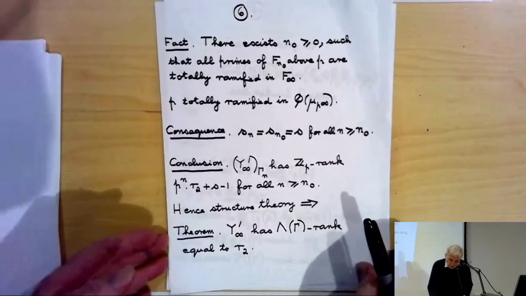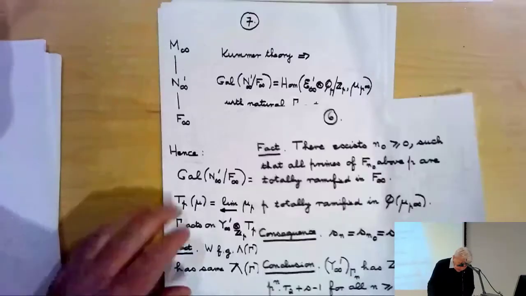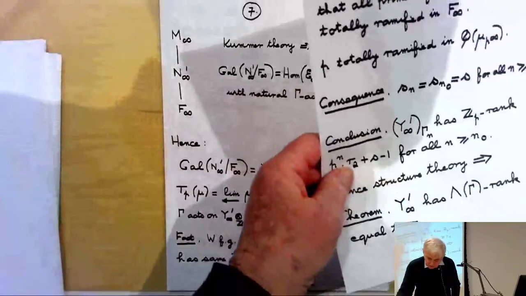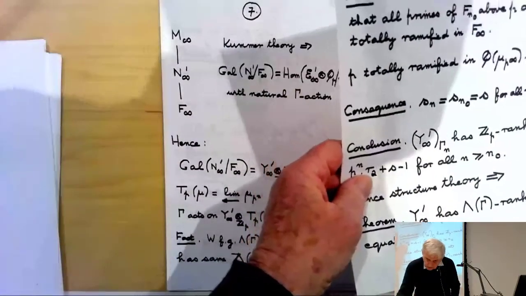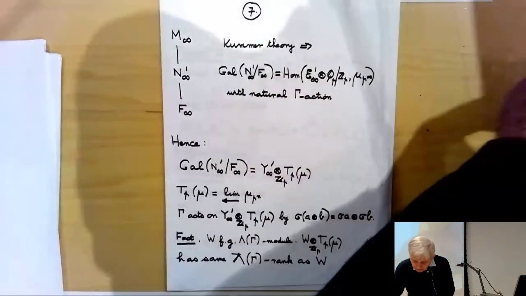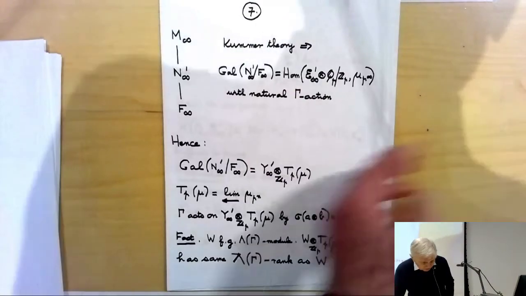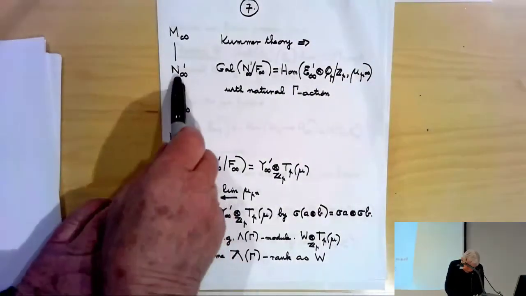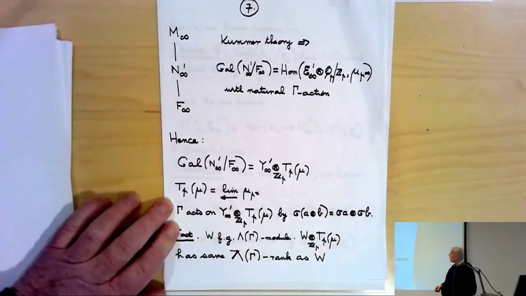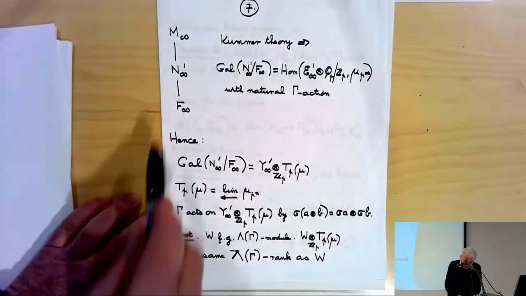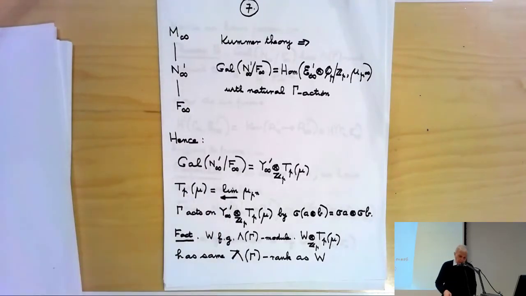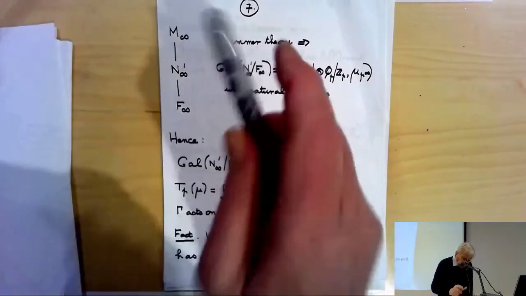Now, this is not quite the theorem that we want, so let's go back to Kummer theory. Let me remind you that we're interested in this field N infinity prime, which you get by joining all p power roots of elements of E infinity.